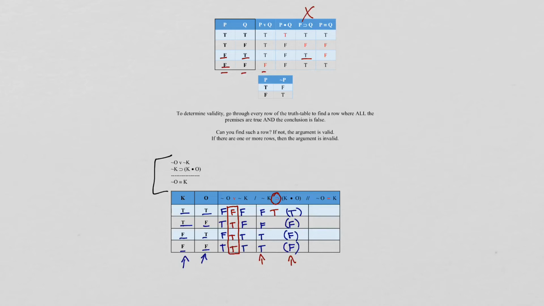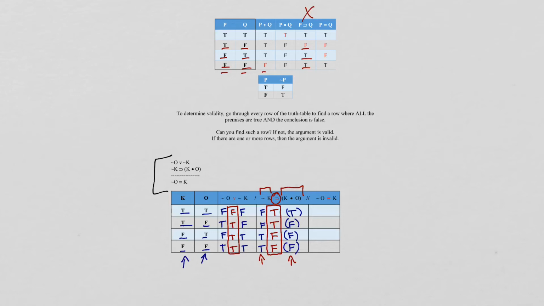If false, then false is true. If true, then false is false. And the next one is still if true, then false. That's underneath the main operator. The main operator is the last thing you do, the thing that connects most of it together. This horseshoe connects the not K and the K dot O together, so that's why it's the main operator.